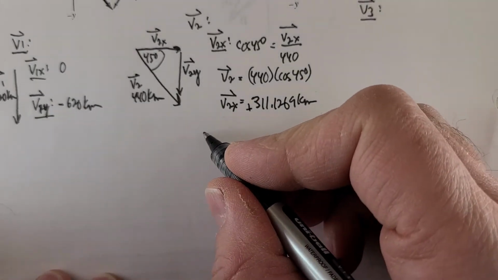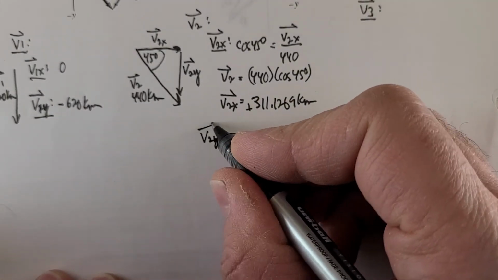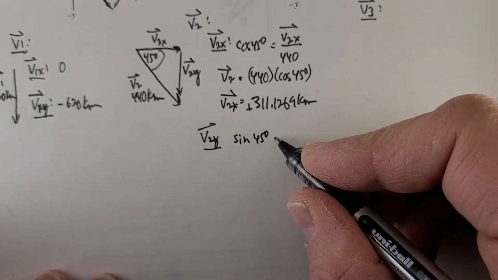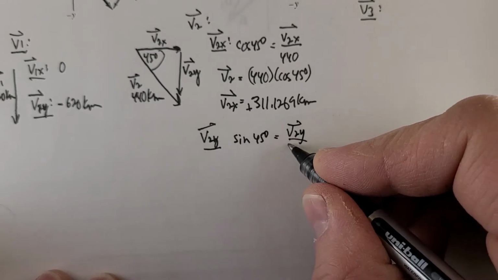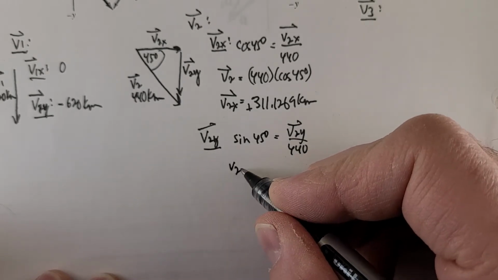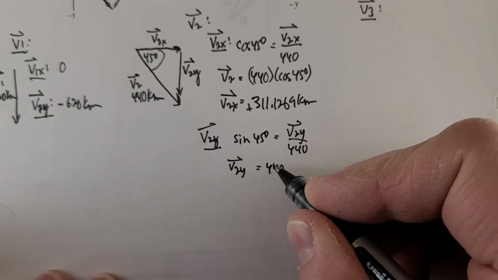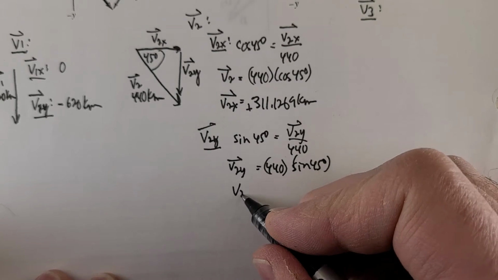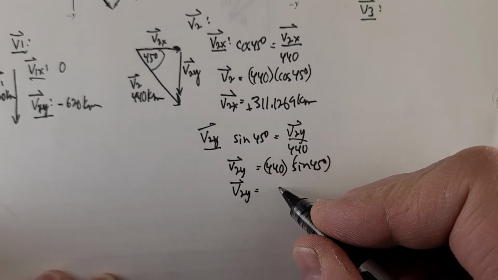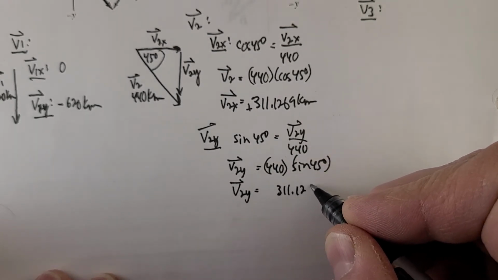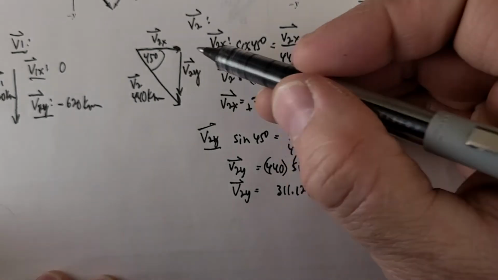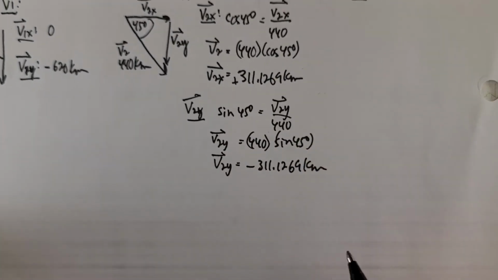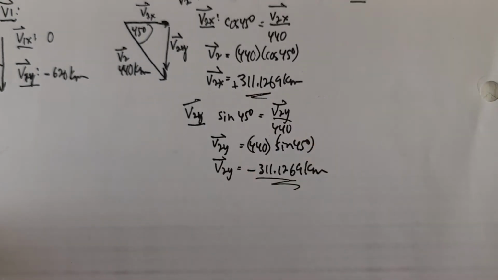Now since this is a 45-degree angle, you know what V2y is going to be. It's going to be the same because they're split in half. So V2y is equal to 440 multiplied by the sine of 45. That is also going to give me 311.1269. But of course it's pointing straight down, and straight down is a negative for the y. So there we go. We have both of those.